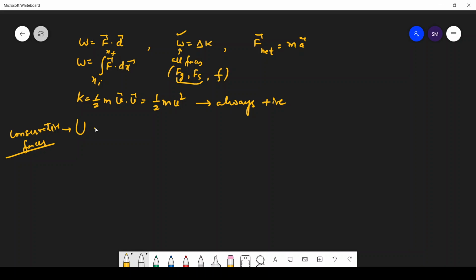And what is this concept? The concept is that whenever I do work against a conservative force, like this is my earth, or let it be the surface, and I am raising this ball to height h.